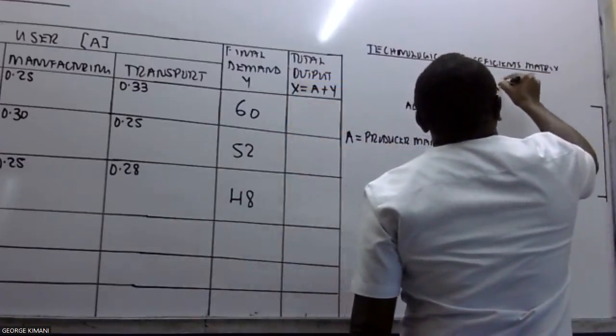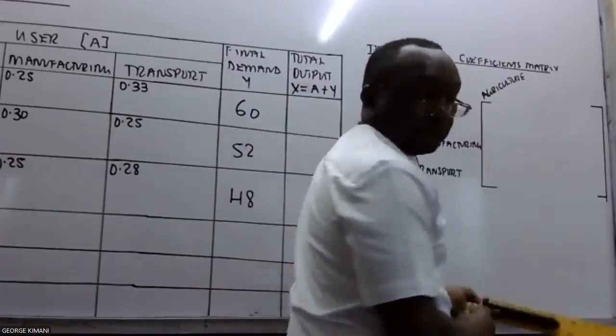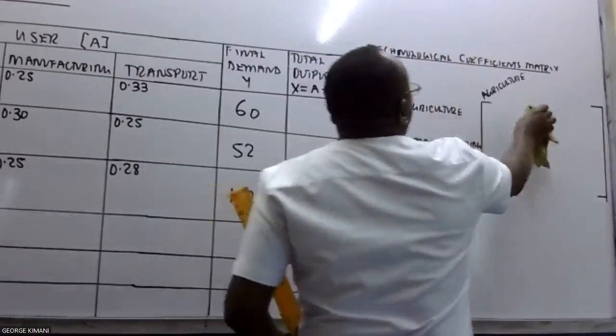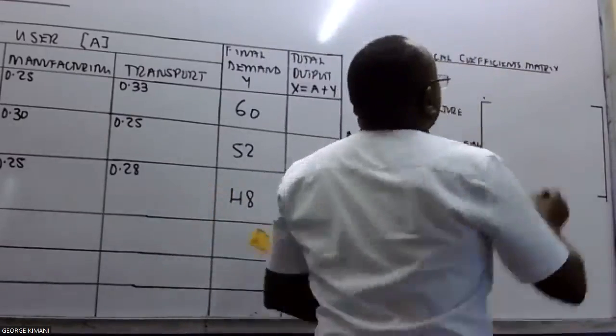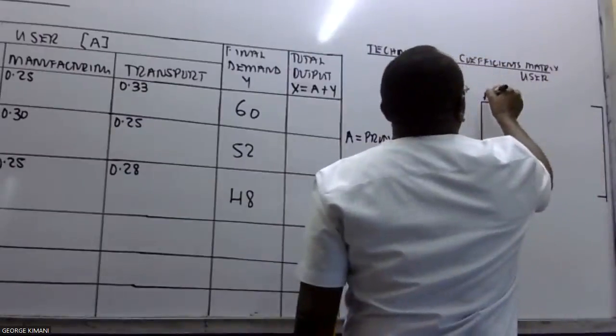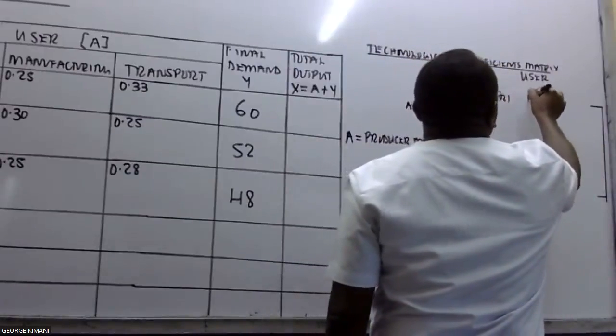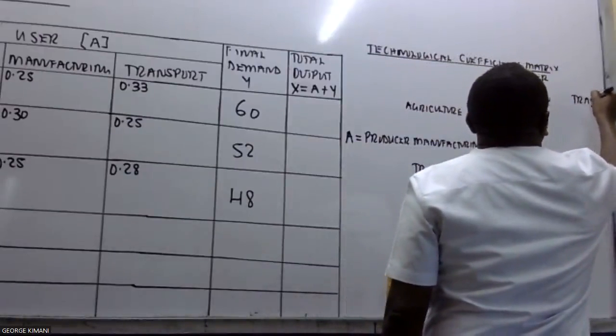So this is agriculture. On this side we have the users. Let me use initials. This is agriculture, this is manufacturing, and this is transport.